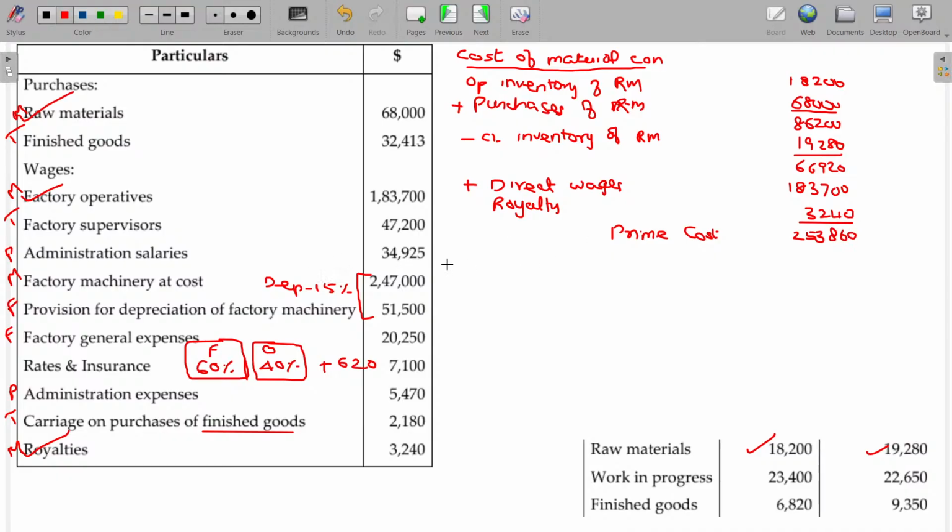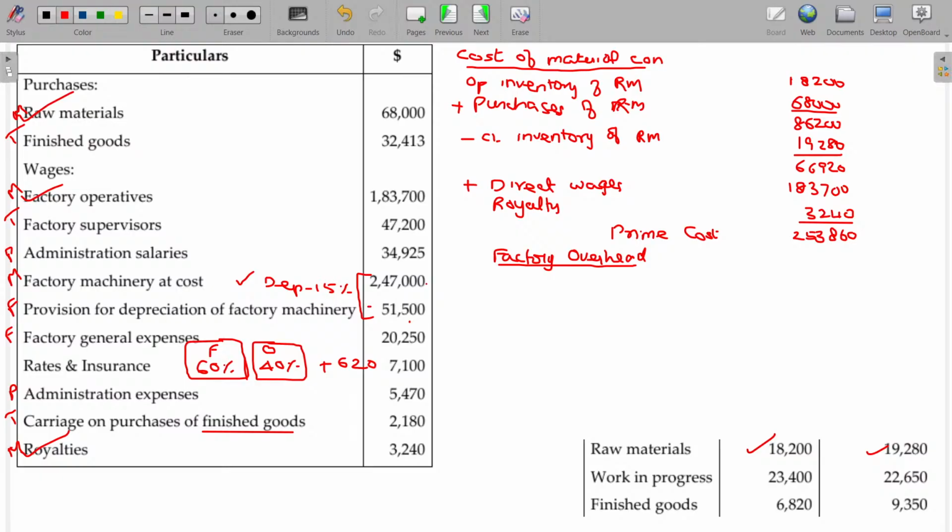Then you have to add the factory overhead. All the items related to the administration of factory or running a factory will be called as factory overhead. You can now add those items here. So here is factory. This will be depreciation, right? 2,47,000 minus 51,500 into 15%.